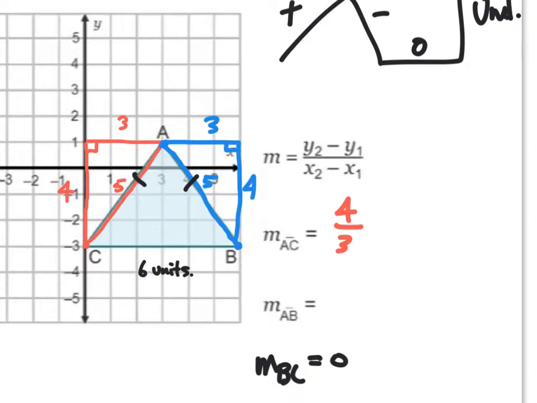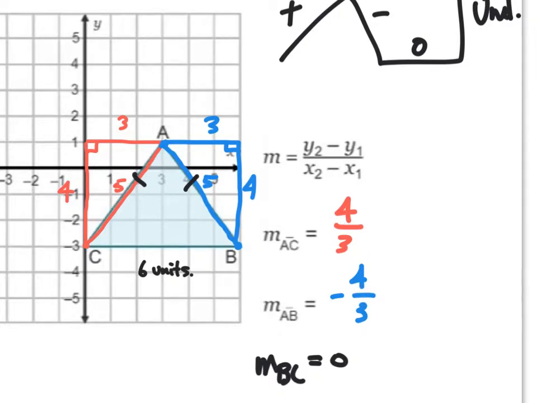Now, the other thing is we're trying to find the slope of AB. So this one's going to be negative, just because it's going in this direction and it follows this part up here. But my rise is 4 still, and my run is 3. So I rise up 4, go over 3, but I have a negative slope. So these slopes are just opposites.